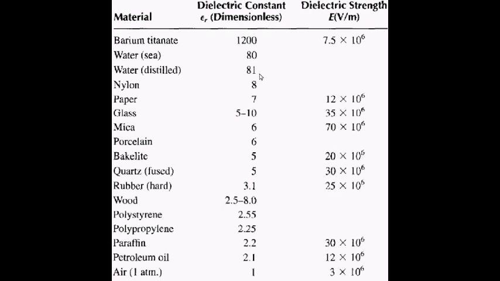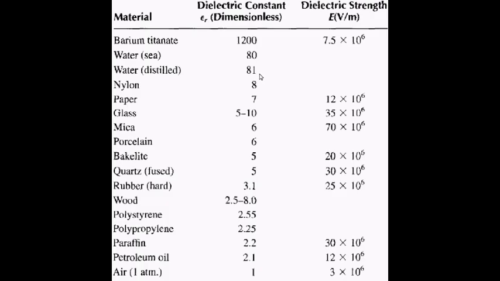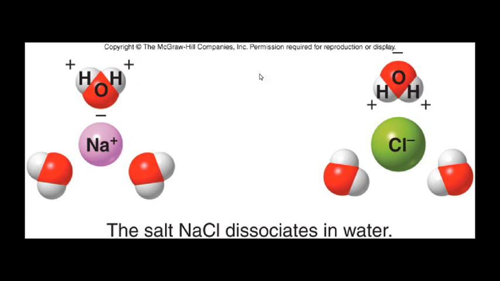Other than unpolarized materials, all the material, salt in water, we can take the example of NaCl. In NaCl, sodium has a positive charge and chlorine has a negative charge.